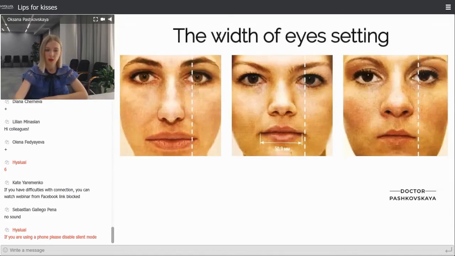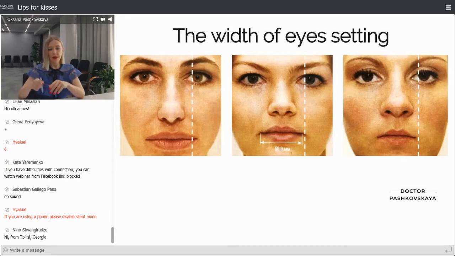So let's move on. And now, colleagues, can I have your attention, please? It's very important in injecting the lips to pay attention to the width of the eye setting. I think it's the most important and the first thing we should start from.